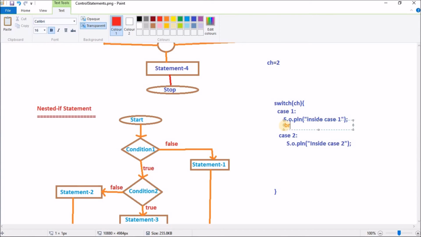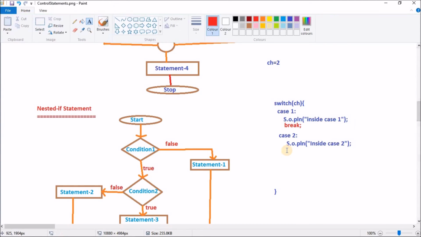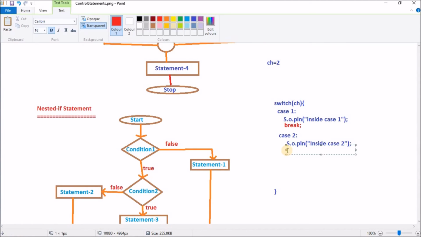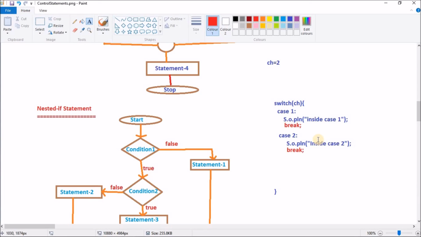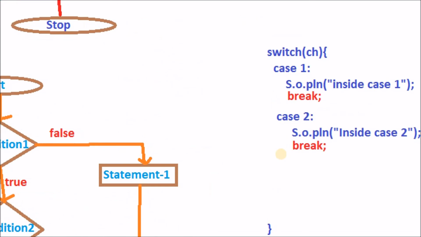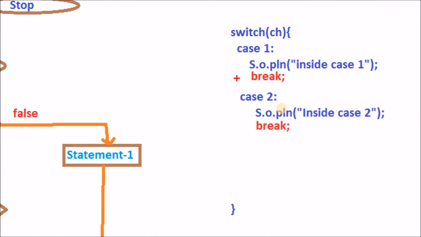Here I can use a break statement. Here also I can use a break statement. Now what is this break statement doing? The break statement takes the control out of this block.